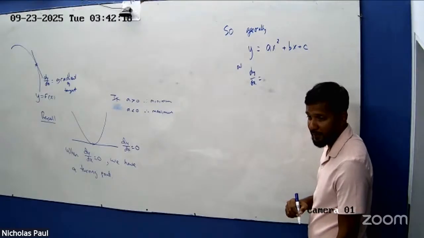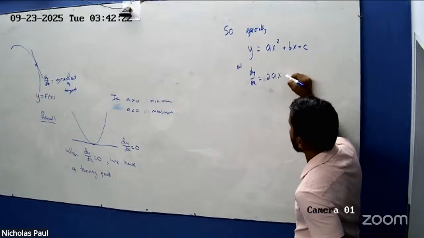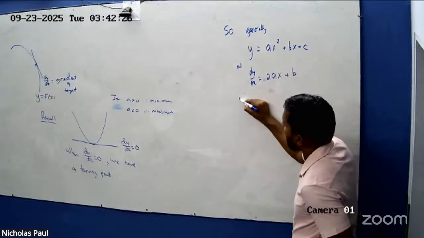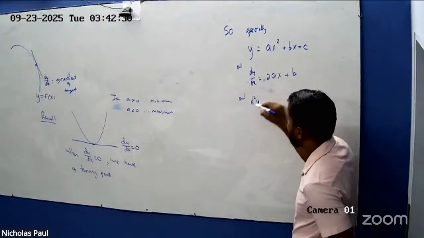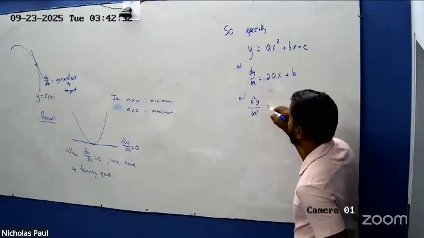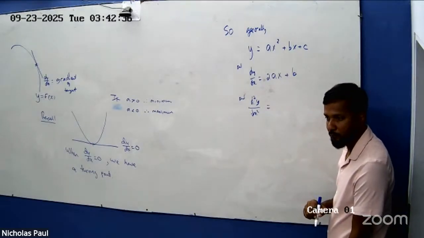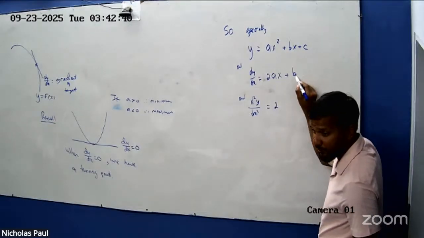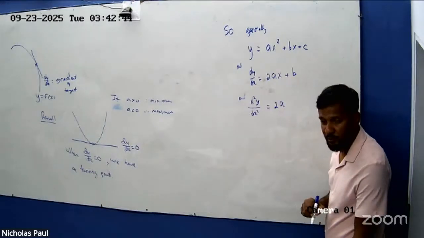I'll get 2ax plus b. And if I double differentiate, remember what the double differential is? If I double differentiate, what will I get? 2a. Very good, because the differential of b is 0, and the differential of 2ax is 2a.